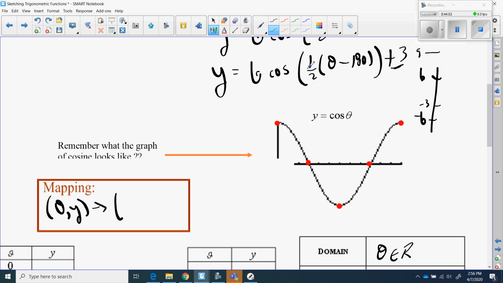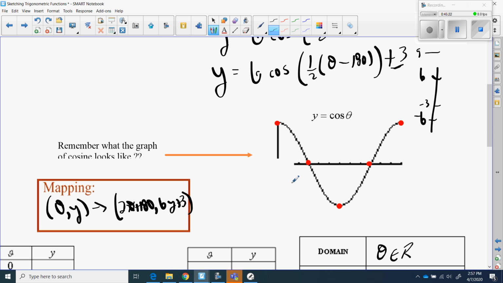So if that was a 5, it'd be 1/5. But because it's a fraction, we're actually going to double all the x's or thetas, which makes sense because we said the period is going to be twice what it used to be. We're going to move them all to the right, 180. The y values are all going to get multiplied by 6, and they're going to get moved up 3.